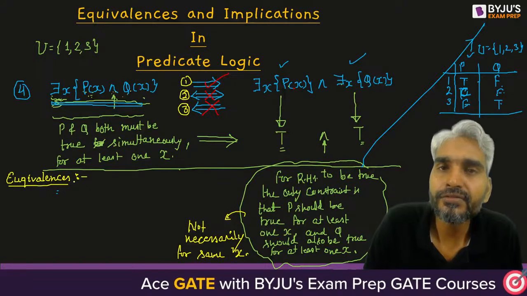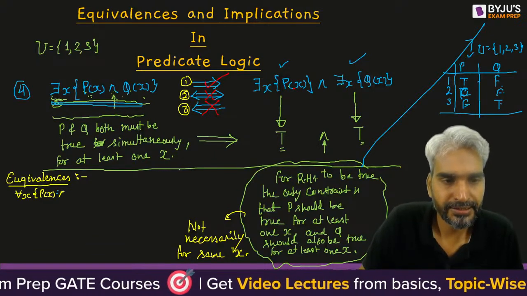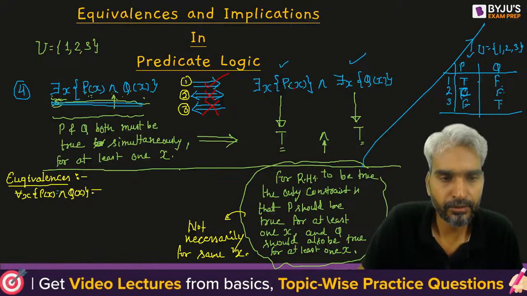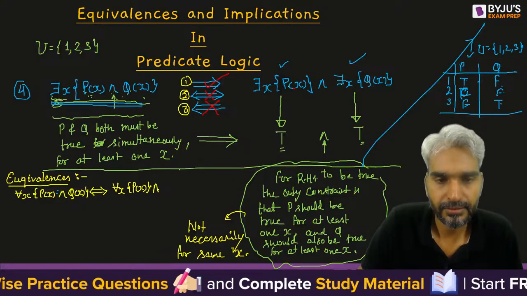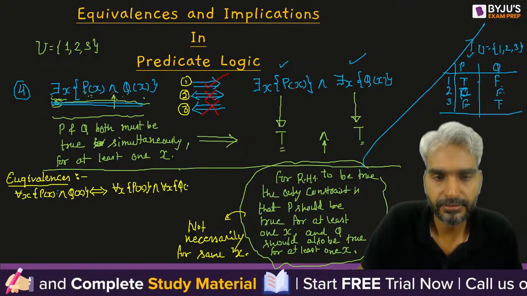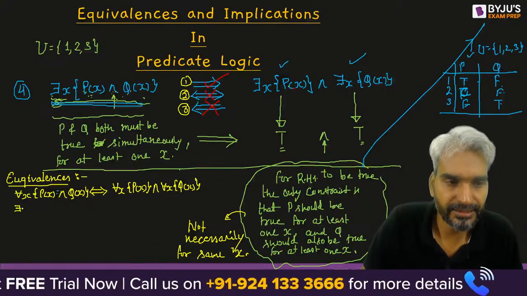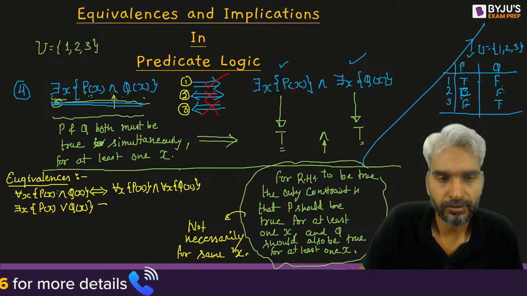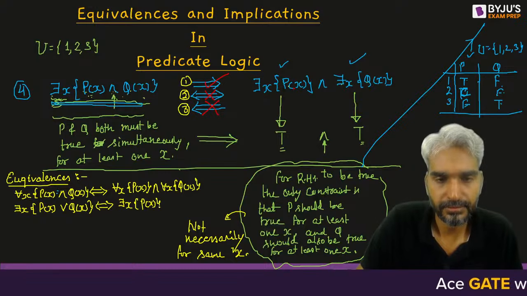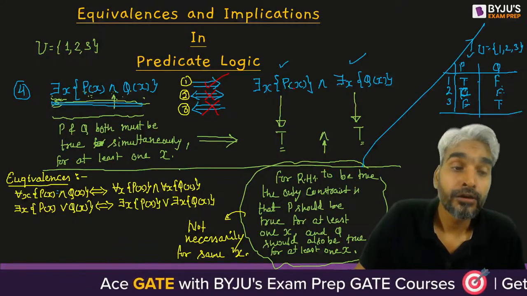For all will be equivalent with respect to and, that is for all x, Px and Qx will be equivalent to for all x Px and for all x Qx, and there exists will be equivalent with respect to or, that is there exists x Px or Qx will be equivalent to there exists x Px or there exists x Qx. Clear?